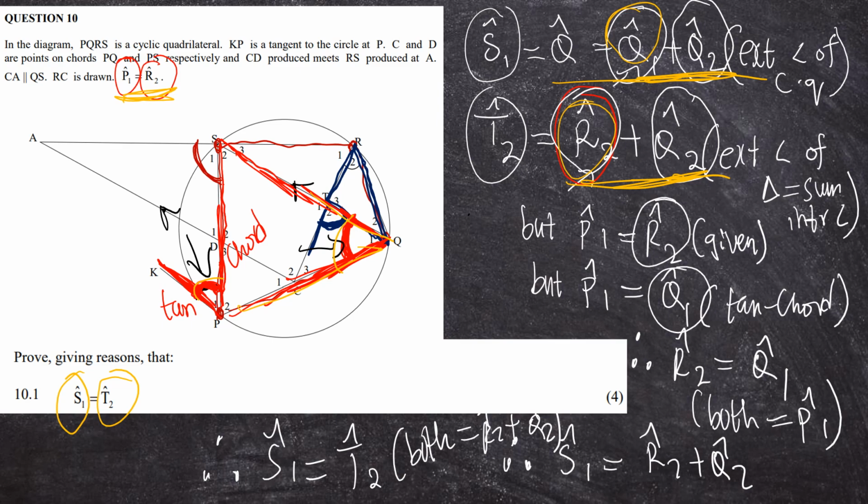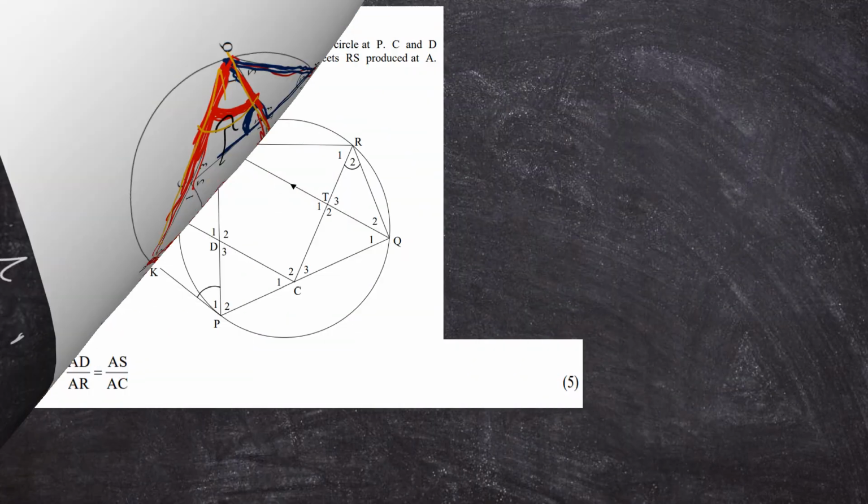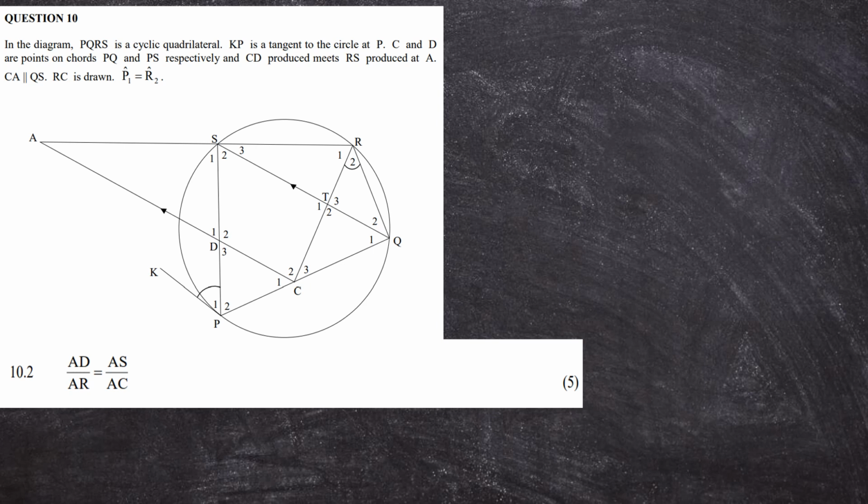Okay, let's move to 10.2. Before answering 10.2, it's really advisable that whatever angles we have proven in the previous question as being equal, we highlight them so that we can answer the next question, because normally these questions are connected.